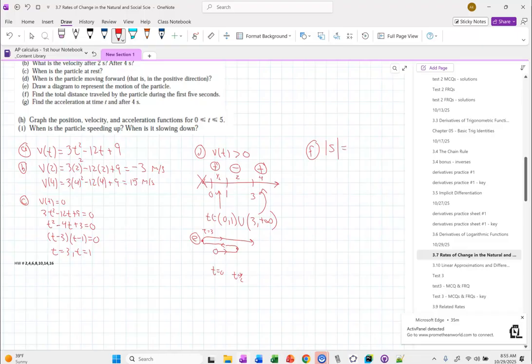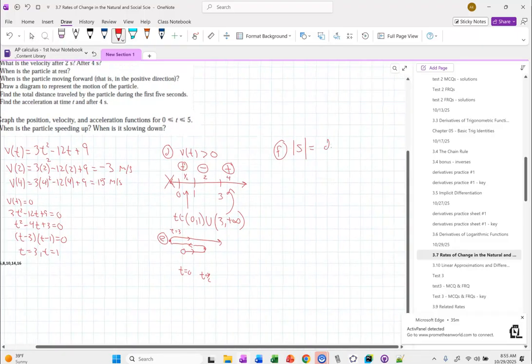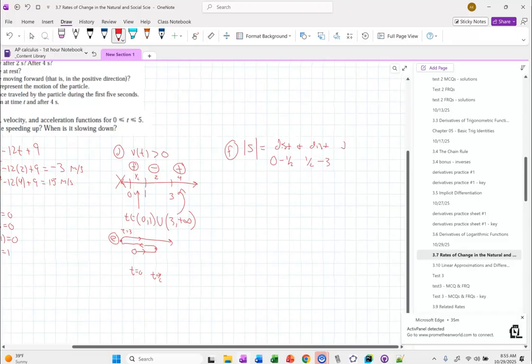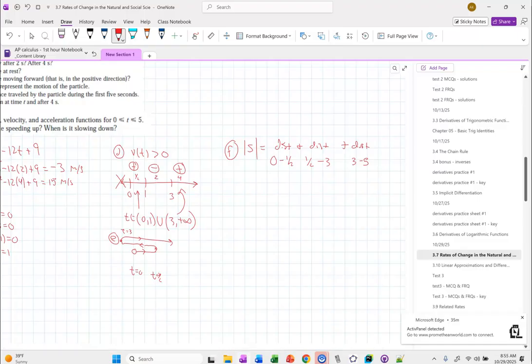So the way I would do this is I would look at the distance from 0 to a half, and then I'd add to that the distance from a half to 3, and then I'd add to that the distance from 3 to 5. Everybody's okay with that?